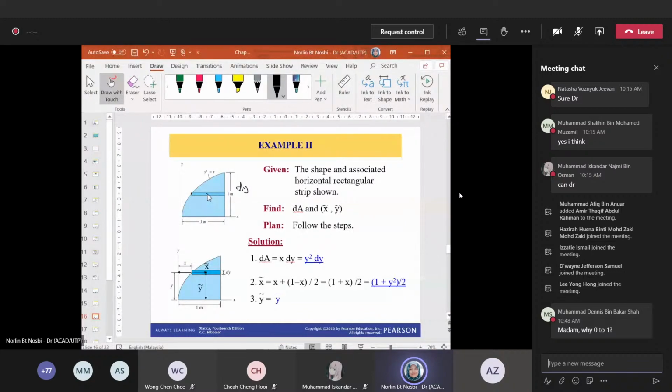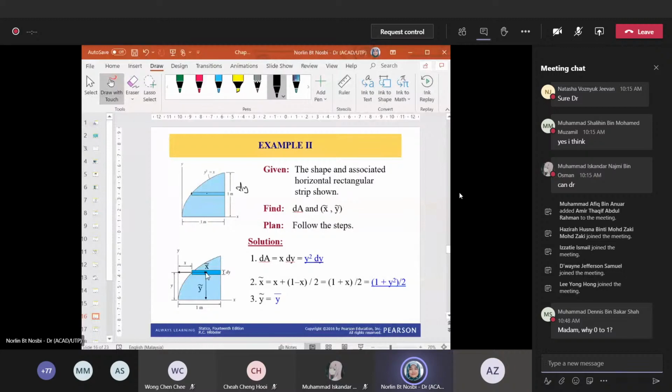It would be from 0 until the center, which is x tilde, and for y, from the axis until the center point of the rectangle, which is y tilde. How do you find it?